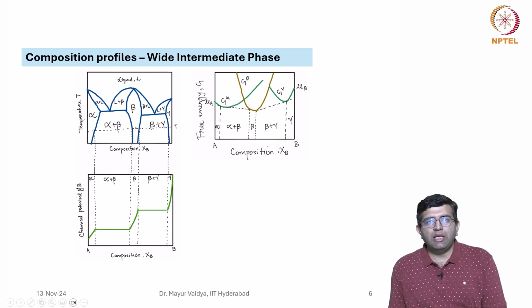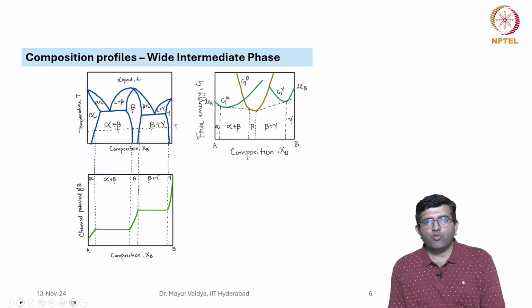Then in the beta, there will be an increase in the chemical potential of B again. And then again you have a constant region where you have beta plus gamma, and then again it is a single phase region. So, this is how the variation of chemical potential will be.